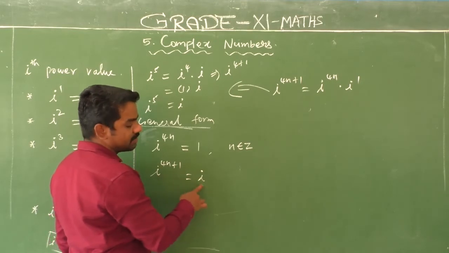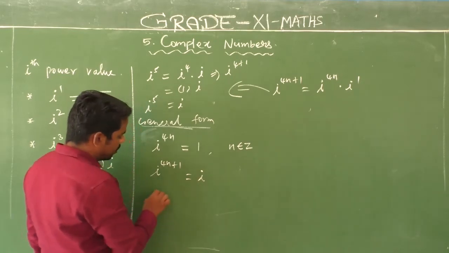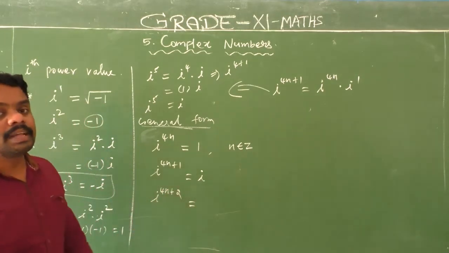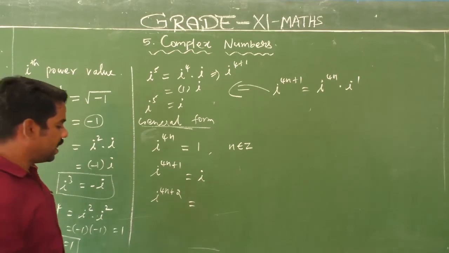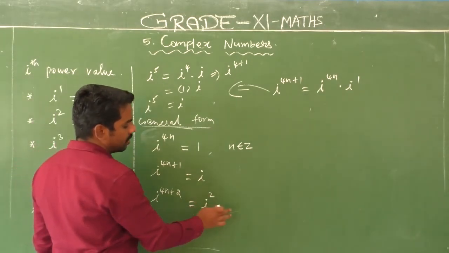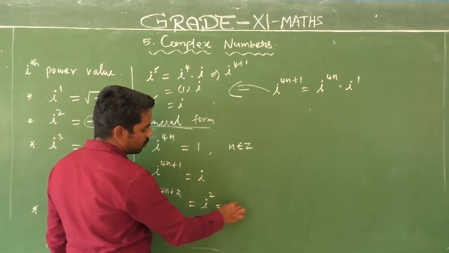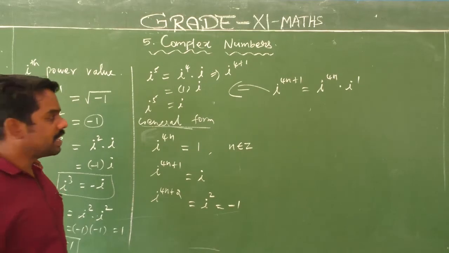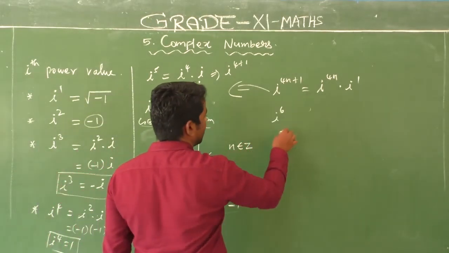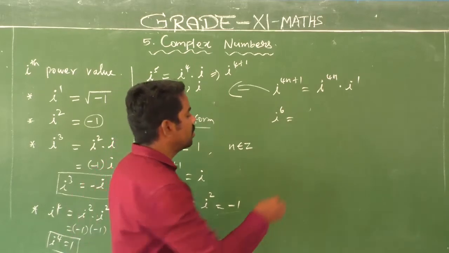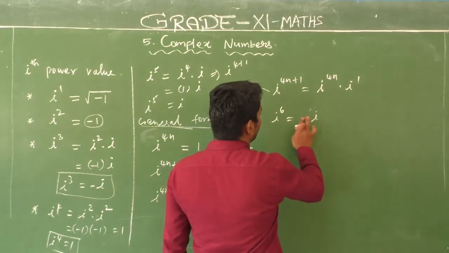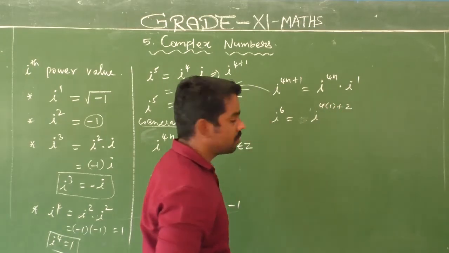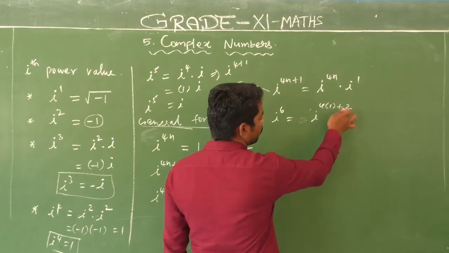Next, i power 4n plus 2. i power 4n plus 2 is equal to i square. The i square value we already know, so minus 1. An example of i power 4n plus 2 is i power 6. i power 6 is equal to i power 4 into 1 plus 2, that is a multiple of 4, 4 plus 2 is 6.